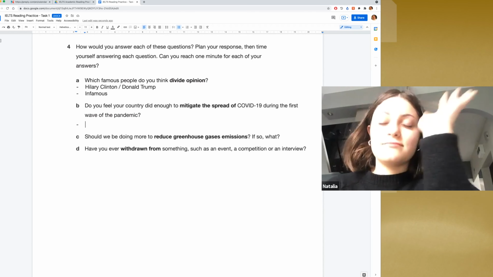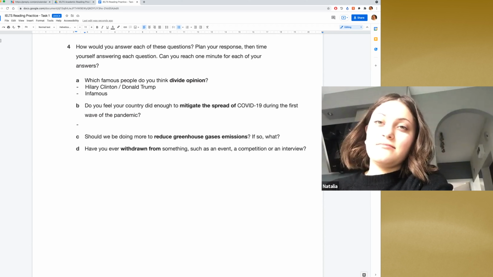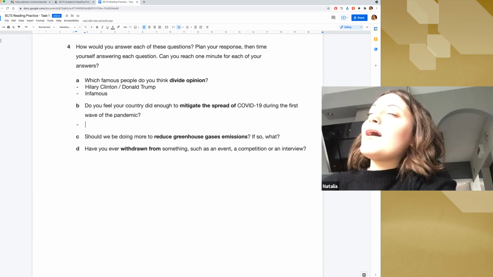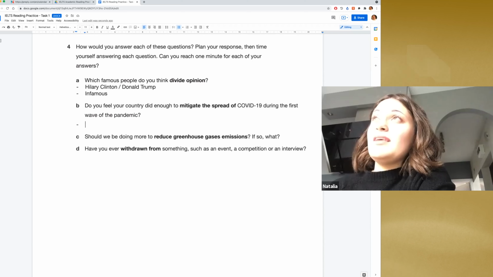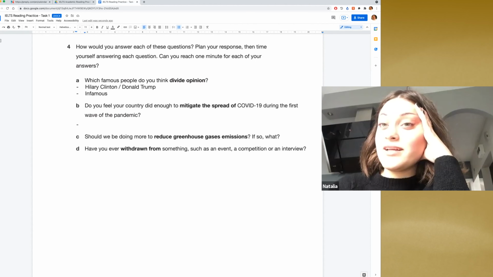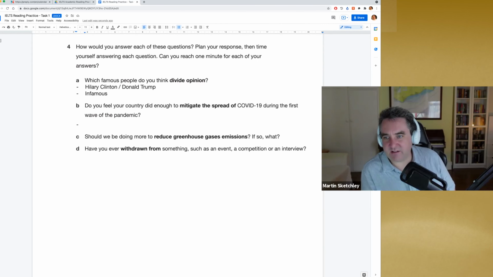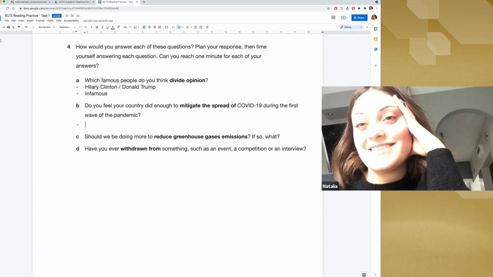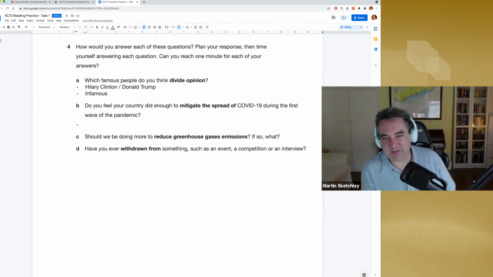Then, of course, they started to wear masks, but we had a small scandal in our country because our politicians bought non-tested masks. Oh, so these masks were masks which hadn't been checked to see if they were safe against COVID. Wow. Okay. All right.